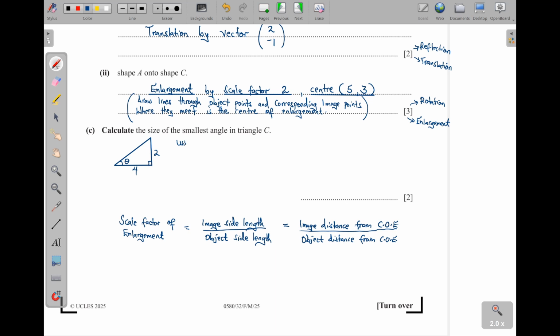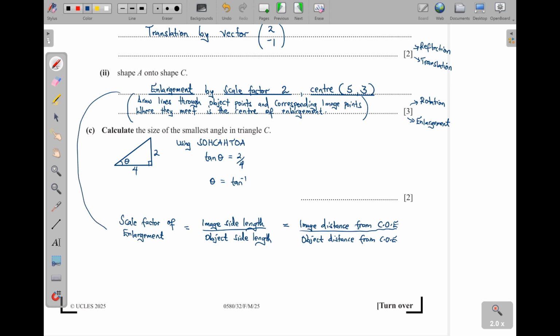So using SOHCAHTOA, remember we use SOHCAHTOA when we have a right angled triangle. So this is the opposite and then the adjacent, so that will be the TOA. So tan of theta is equal to 2 out of 4, and therefore theta shall be equal to the arctan.